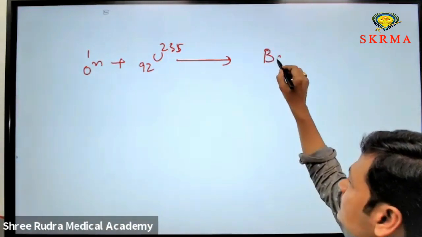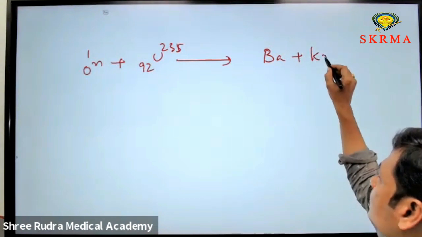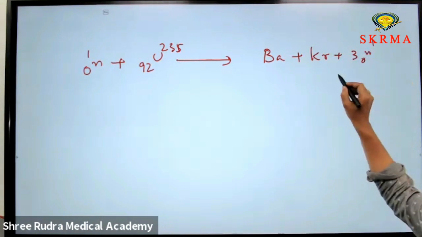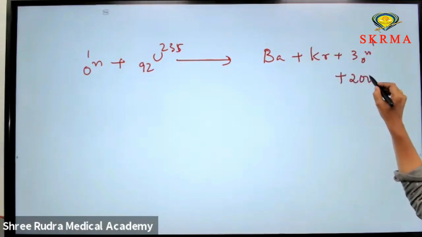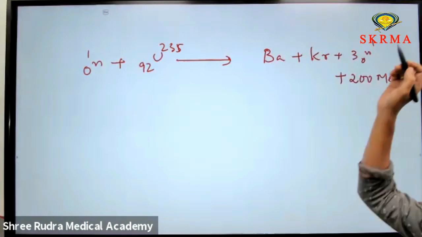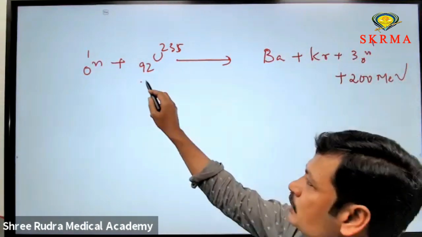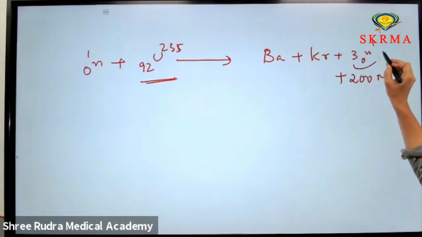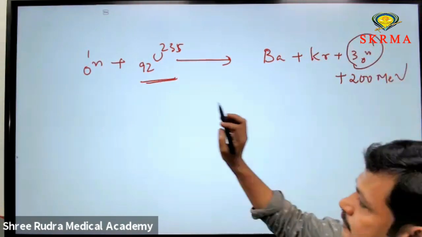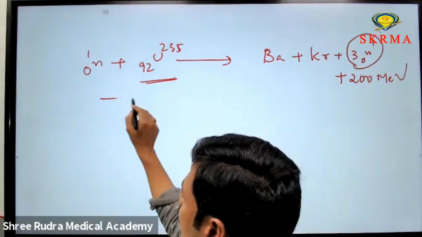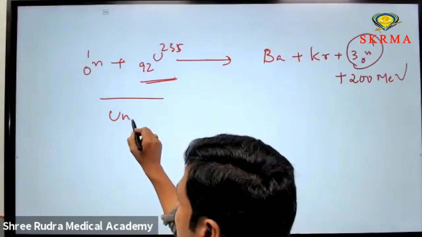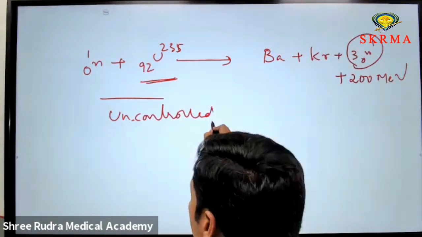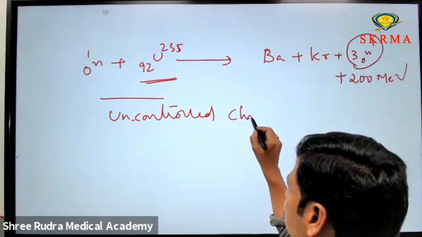The 3 products are here: barium, krypton and 3 neutrons, plus that much of energy, 200 MeV energy is liberated in each 92 uranium-235 fission process. Here the process is continuously occurring and this is an uncontrolled chain reaction.